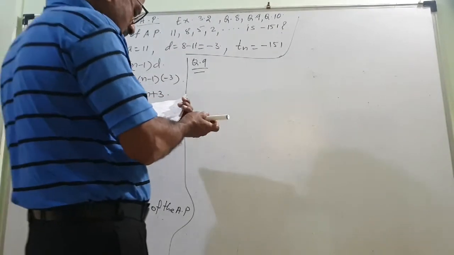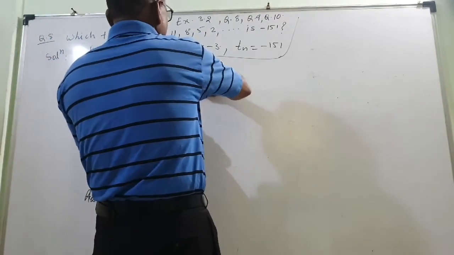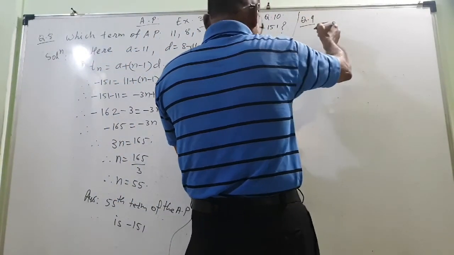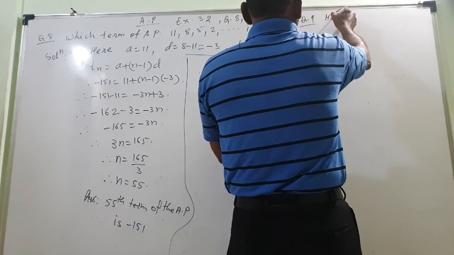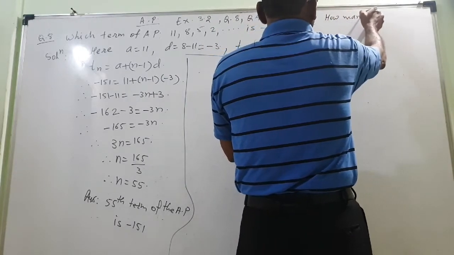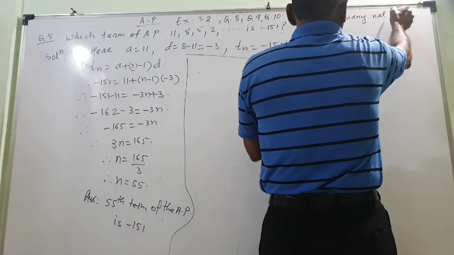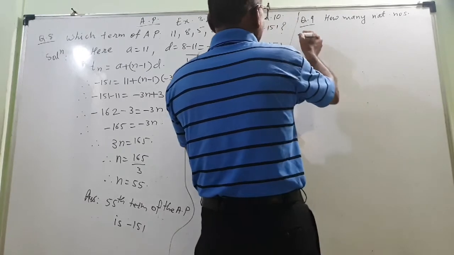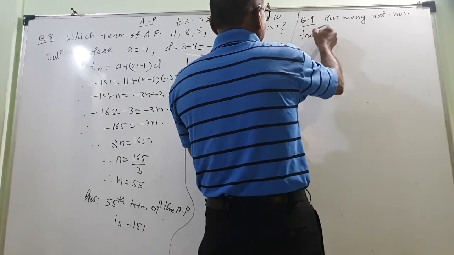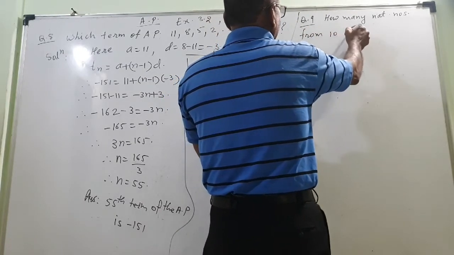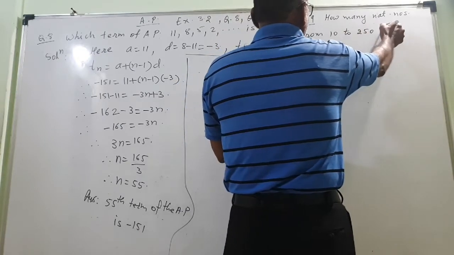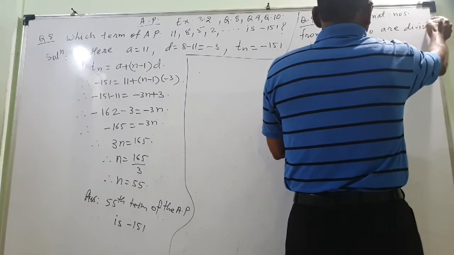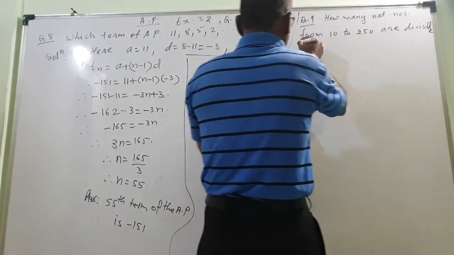Question 9. How many natural numbers from 10 to 250 are divisible by 4?